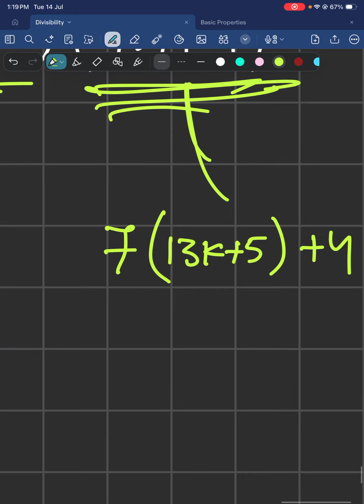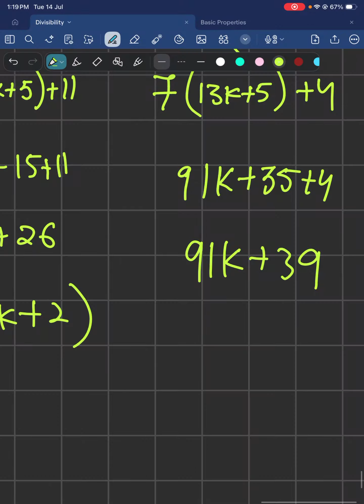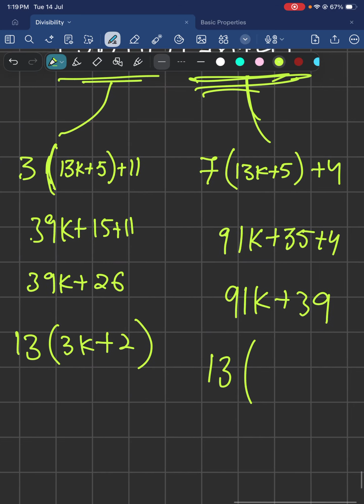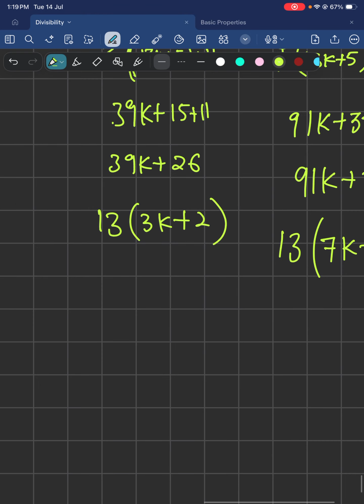So 7 into 13 is 91k, and then 7 times 5 is 35, and then you have got plus 4 here, and then you get 91k plus 39. Again, look at it, how beautiful it is. We can take 13 common here, and then you will be left with 7k plus 3, right?